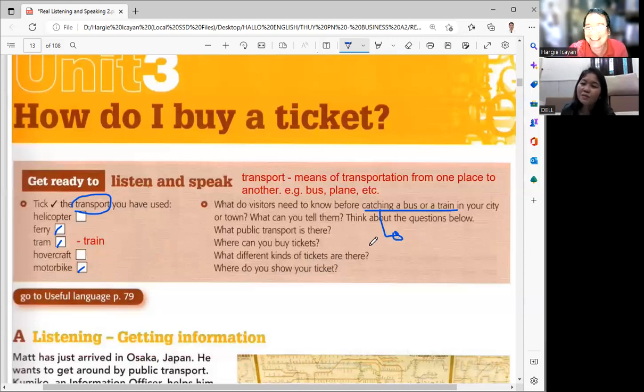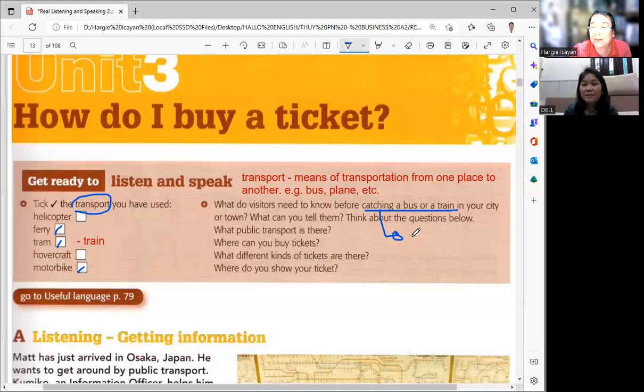A train, if you transfer far. Okay, what about a bus? If I am going to ride a bus, I can also ride a bus, right? You cannot ride the bus. Why?